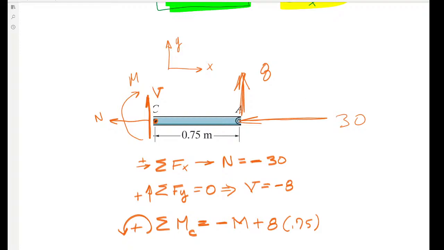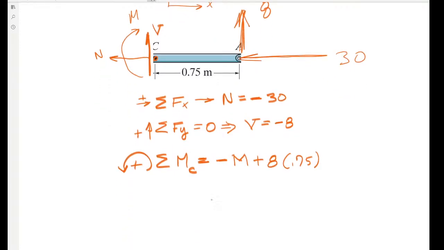Get rid of that. And so your moment is going to be equal to a value of 6. And that's, I think, it.